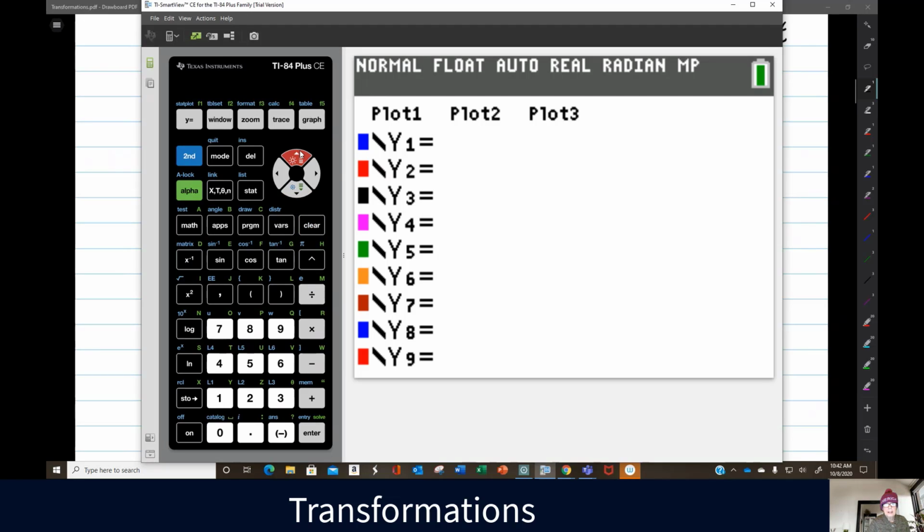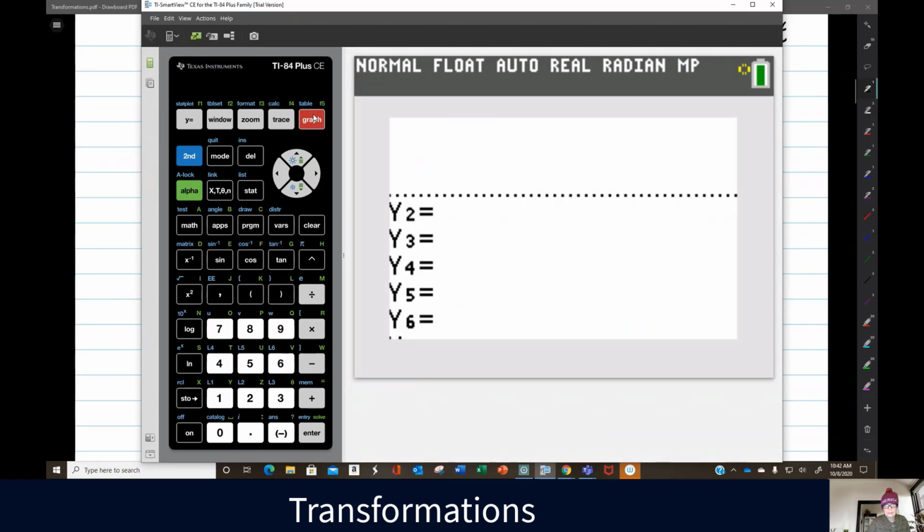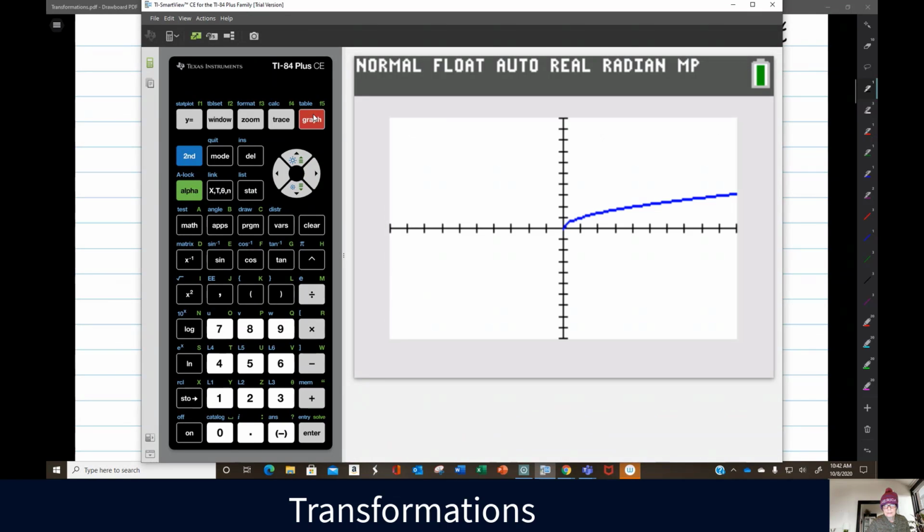Now for the square root of x. Second x squared gives me the square root sign, and x, and then right arrow key or close parentheses. There's the basic graph, centered at the origin.